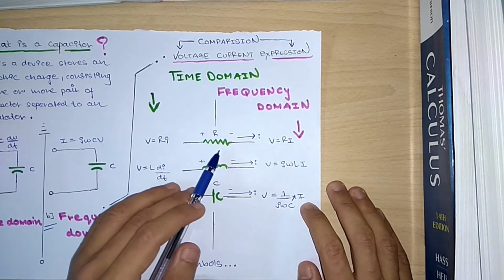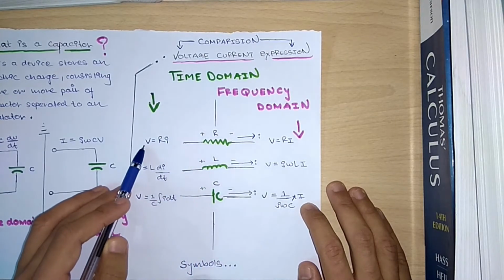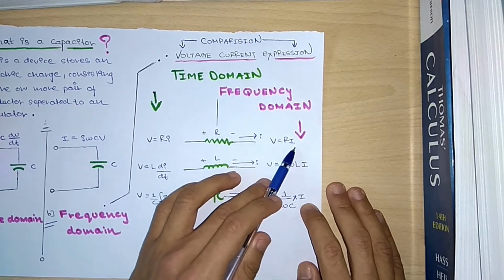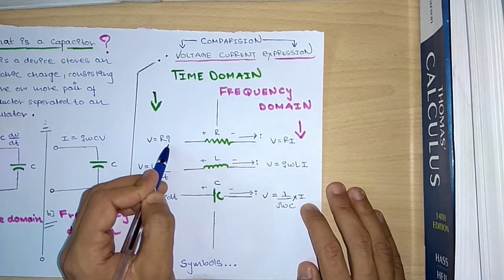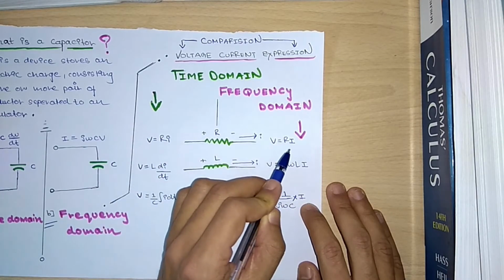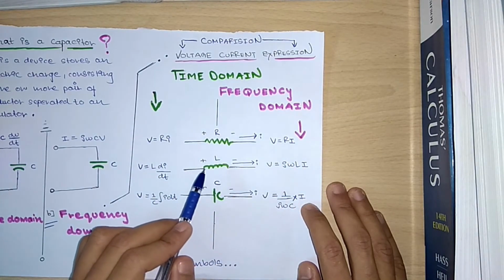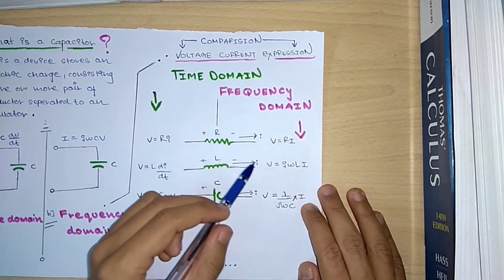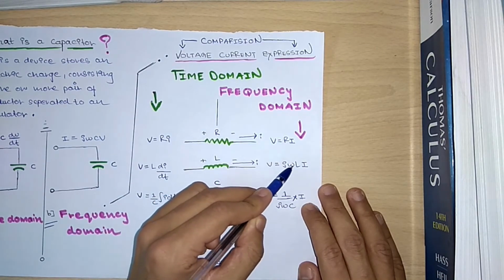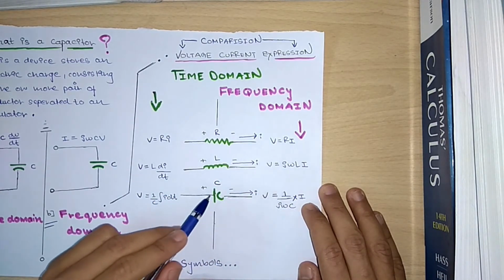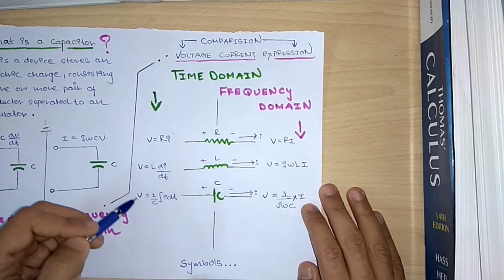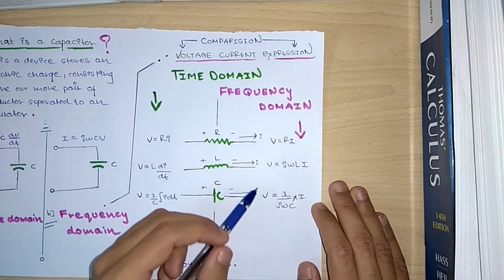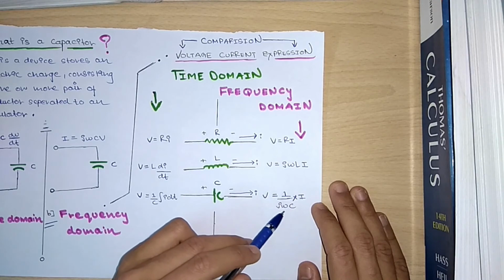For example, resistance is expressed in the time domain as v equals Ri, and it is expressed the same in the frequency domain as V equals RI, but only the symbol of current changes from small i to capital I. For inductance, the formula in the time domain is v equals L di by dt, while in the frequency domain it is V equals j omega L into I. In the case of a capacitor, the formula in the time domain is v equals 1 by C integral of i dt, while that in the frequency domain is V equals 1 upon j omega C into I.